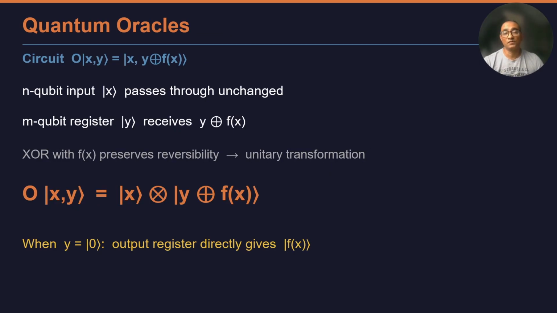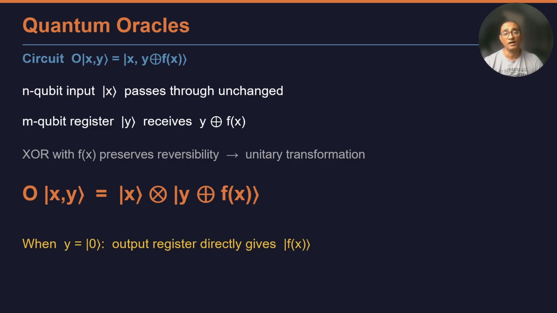What this does is that when an n-qubit input passes through the circuit, it remains unchanged. But the m-qubit register, which is measuring the output, will receive y XOR f of x.